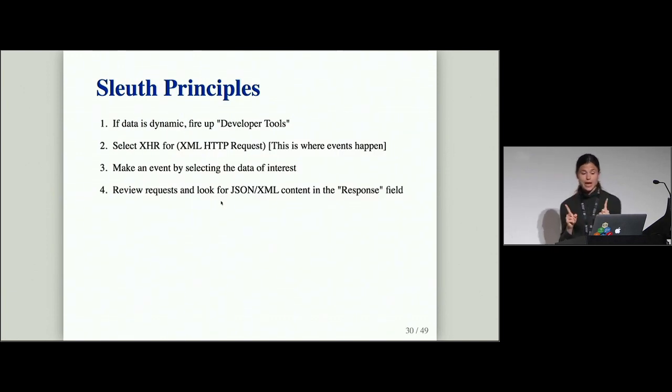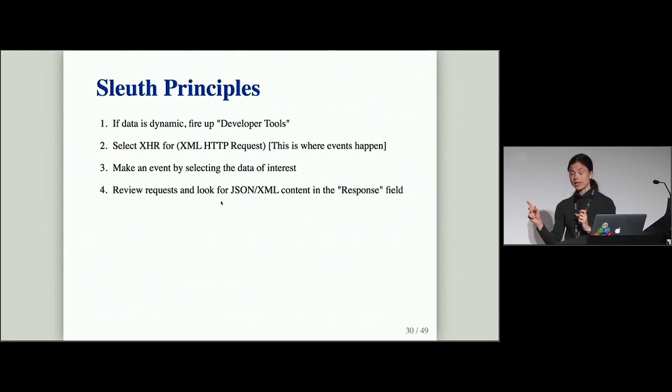To find out if you can do this, I think the easiest way is using the developer tools, and there's a section called XHR, which is the XML HTTP request, and that basically tells you where user requests of data are happening and where that request is coming from.